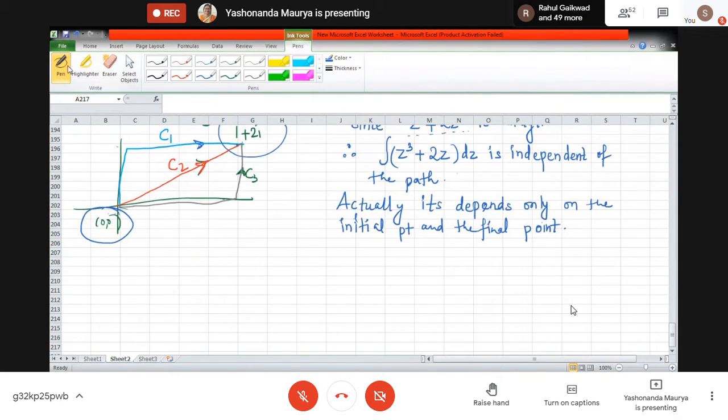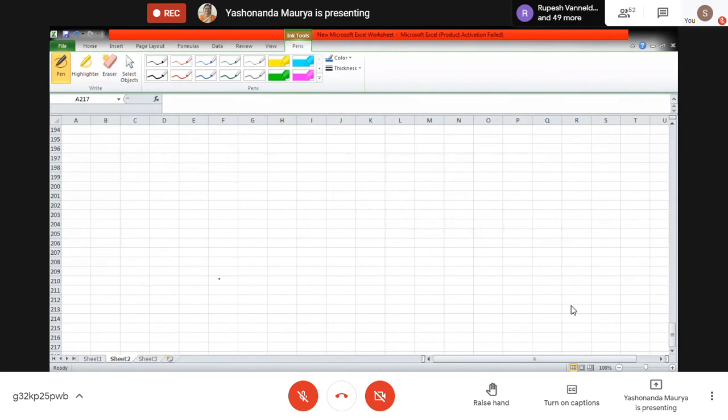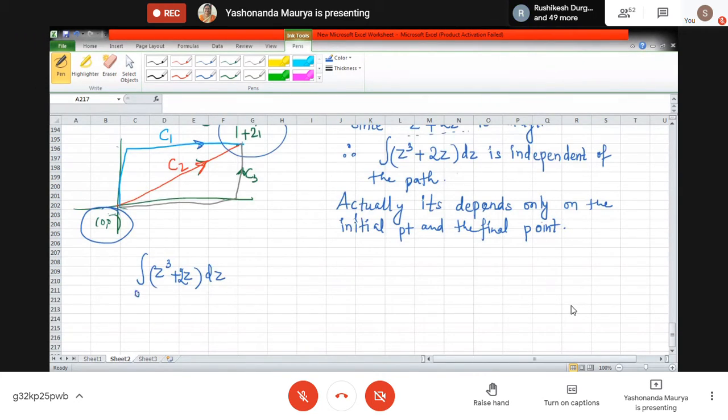In that case, I can very well evaluate this integration of z cube plus 2z. Suppose this is what I am going to evaluate, from the point 0 to 1 plus 2i. Everything is in terms of z, it's just one variable. I can treat this as a single variable now.